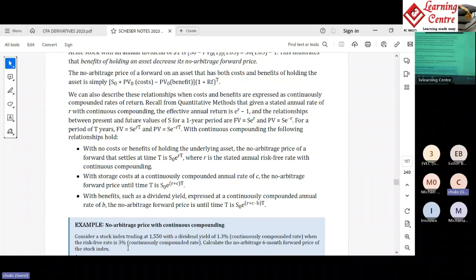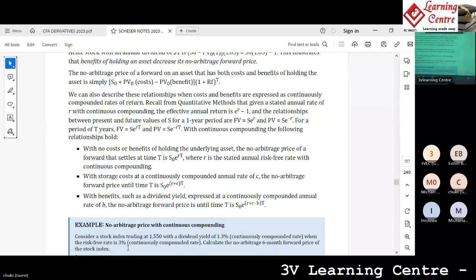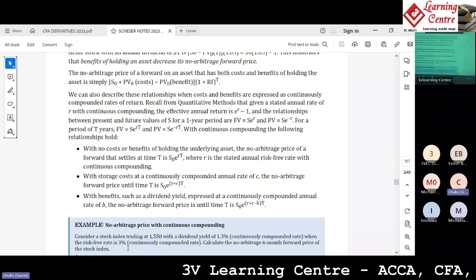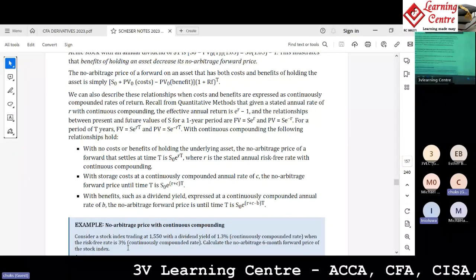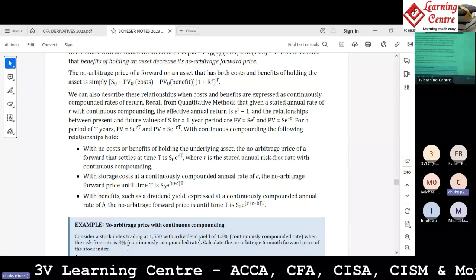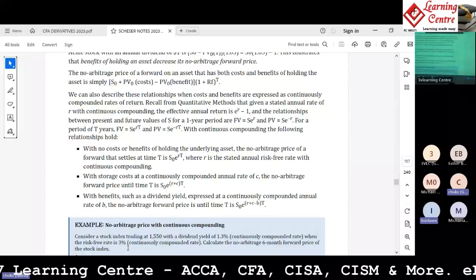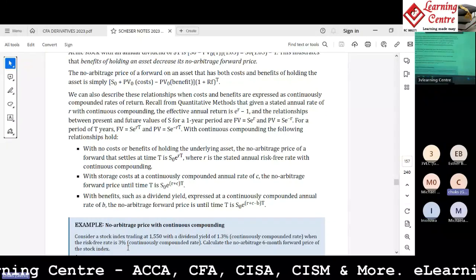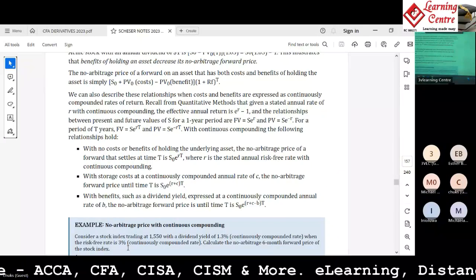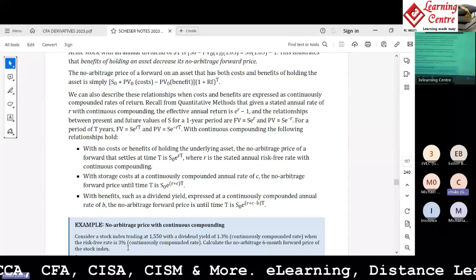The risk-free rate will remain the same. So you have 1 plus 3%, which is 1.03, raised to power 6/12. 6/12 is 0.5. So 1.03 raised to power 0.5. That will give you one part of the equation, and then you multiply that by 1550. Good? Okay.